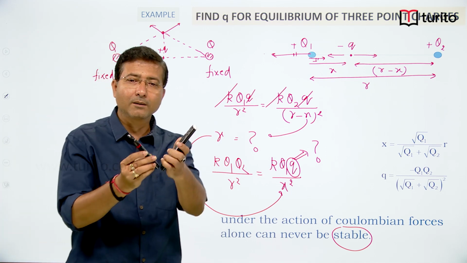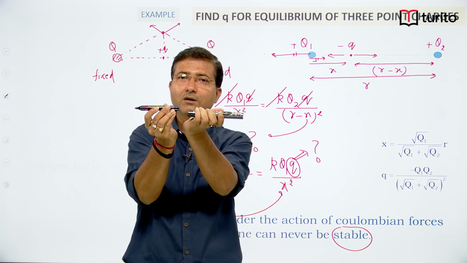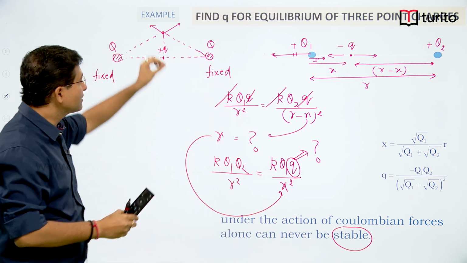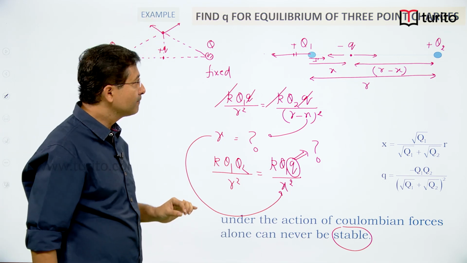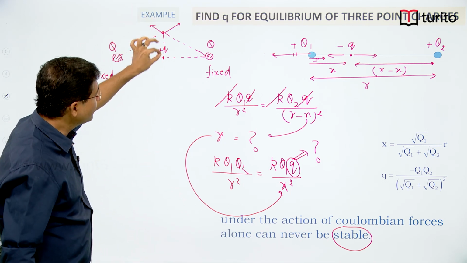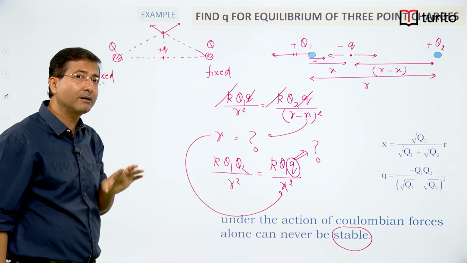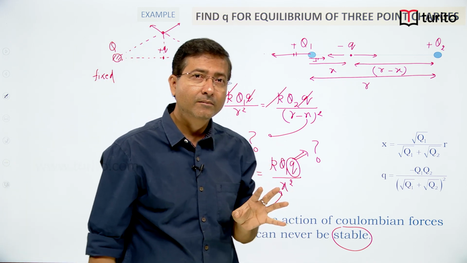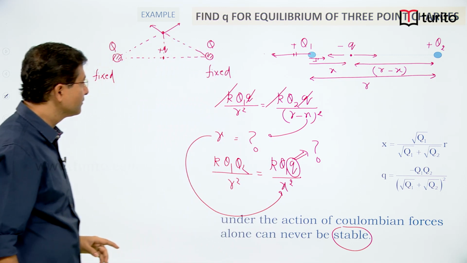So, one force is coming in this direction, another force is coming in this direction, their horizontal will get cancelled out, vertical will get added. As vertical will get added, when you release this particle, this will start moving in this direction. That means for this particular point, in this direction, it is unstable equilibrium because it has not got any tendency to get back to its initial point.